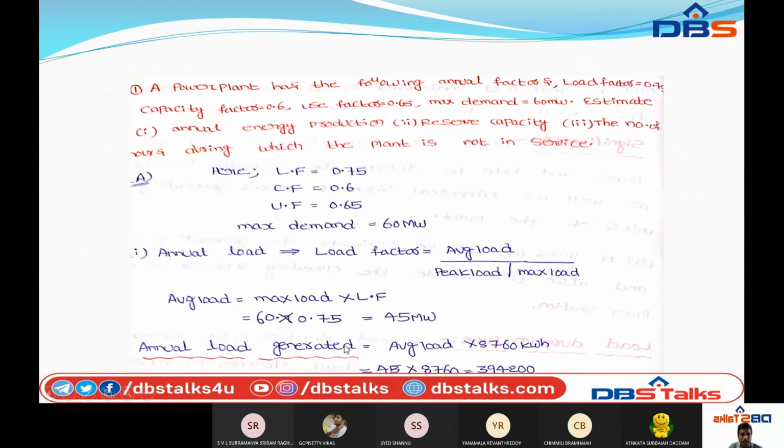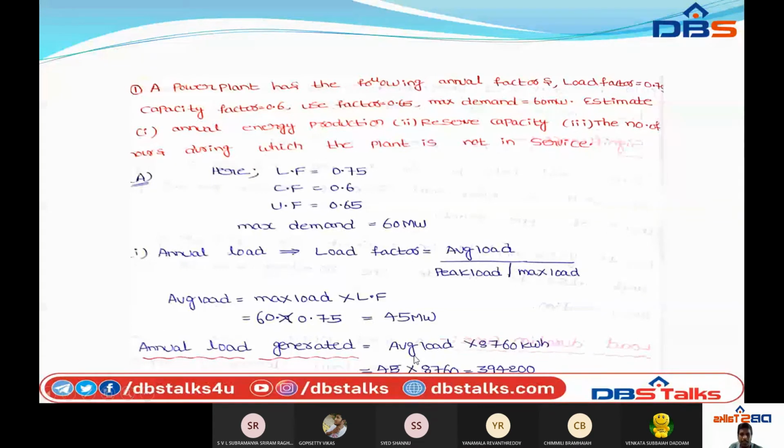Annual load is based on one formula: annual load equals average load times 365 into 24. In this, 8760 equals for 1 year, 365 into 24 hours daily, we get 8760 hours.